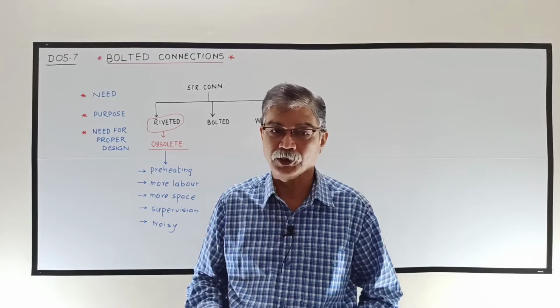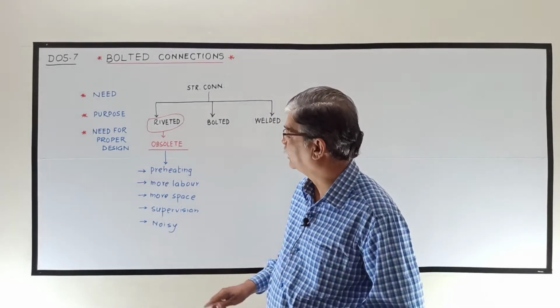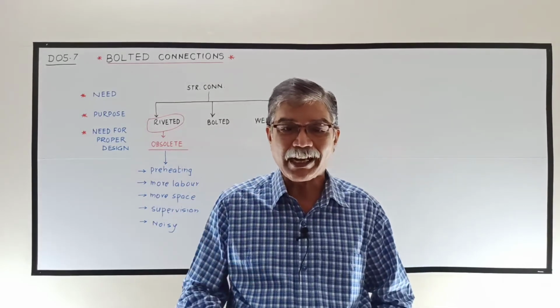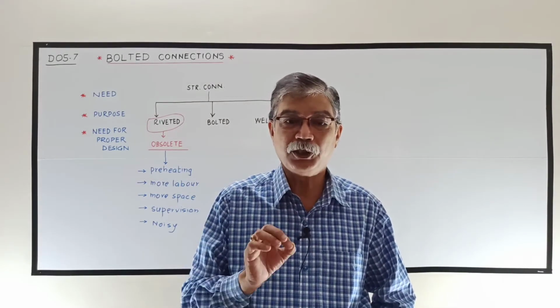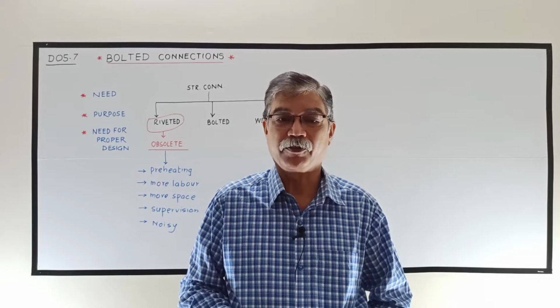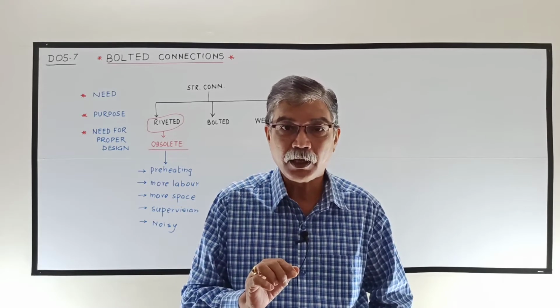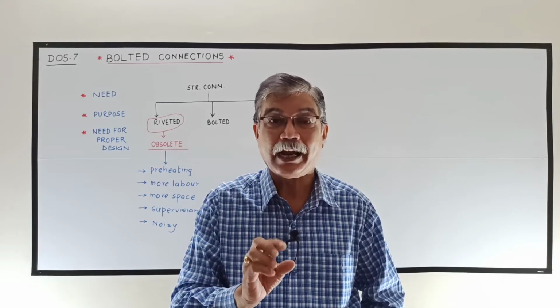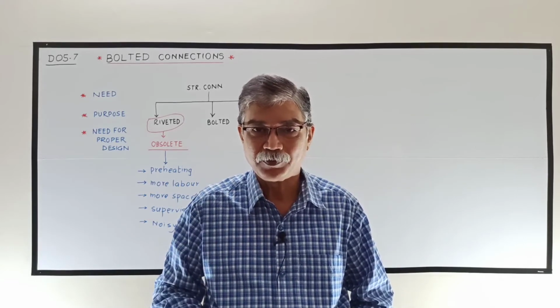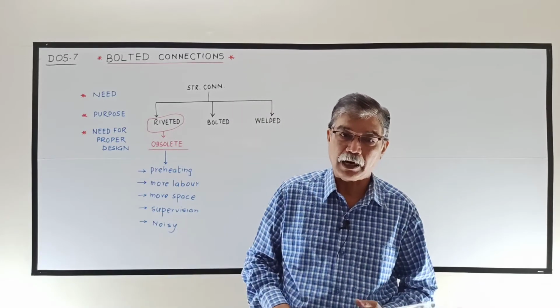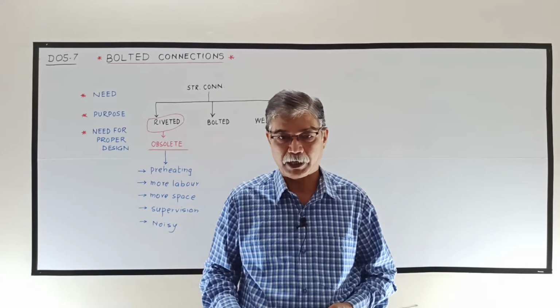So for that purpose, a proper design should be done as far as connections are concerned. In short, what is our objective of connections? The connection should be safe, simple and economical. Whatever connection we are making, it should be safe, simple and economical.